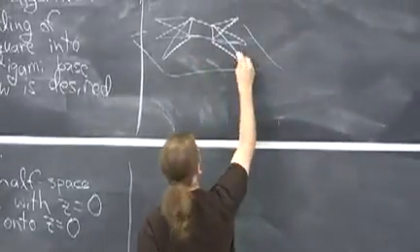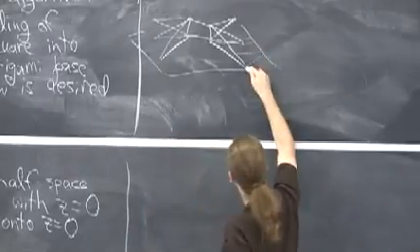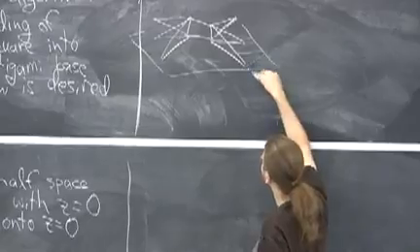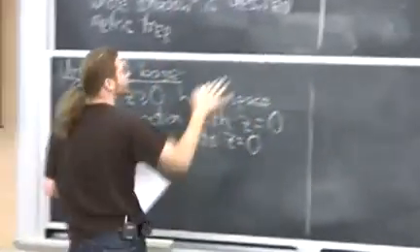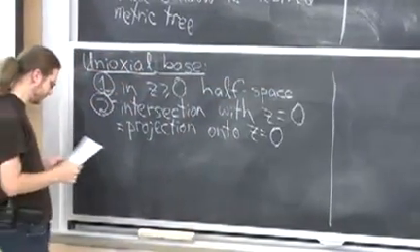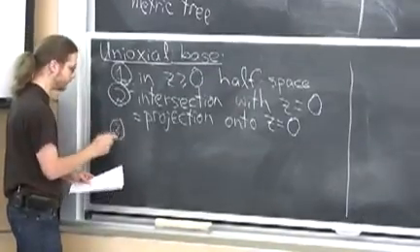So if it had, for example, some feature like this that hung over and its shadow went out here, but the base does not, that's not allowed. So I want things to get smaller as you go up in Z. That's a stronger statement of property 2.